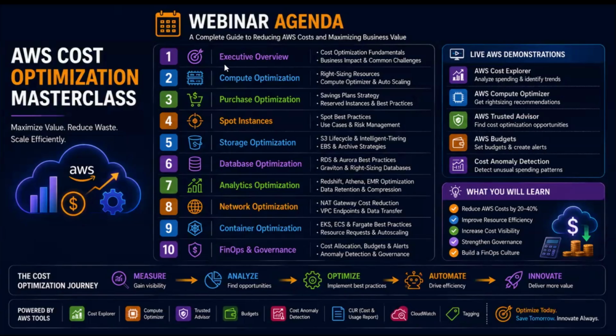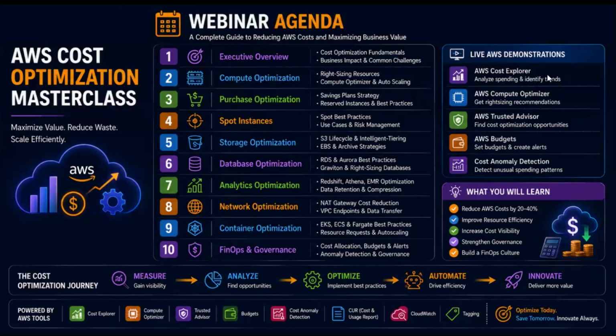First, the overview, then compute optimization, purchase optimization and spot instances, storage optimization, database optimization, analytics optimization, networking optimization, and container optimization. The last part is FinOps and governance. These are the main parts we cover in this session.